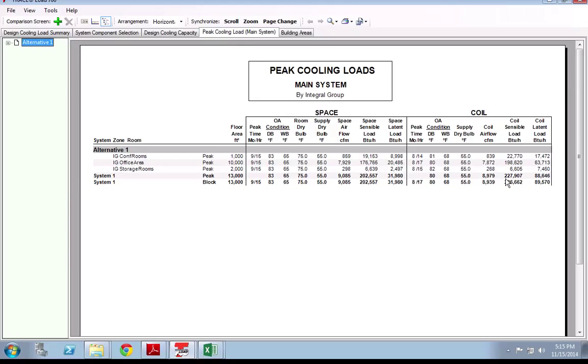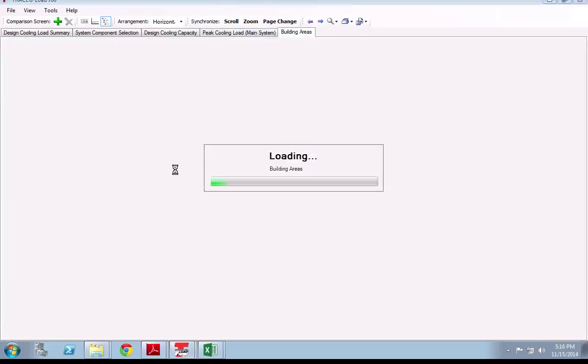But the sum of peaks is not always a useful number to look at. I'm struggling to think of a system of why you would want to see the sum of peaks. But this is where you can see the block peak. So the block peak is sort of the diversified peak, or the diversified number that occurs when the sun is in the worst position for the whole building, not just for one room. So building area.